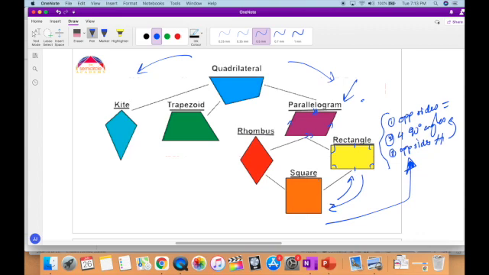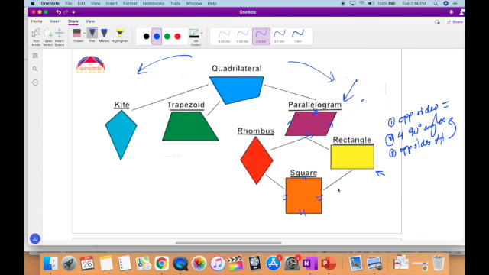But a square has one very special property. What is the one most common special property about a square? All sides are equal. Can we say that about a rectangle? Are all the sides equal?